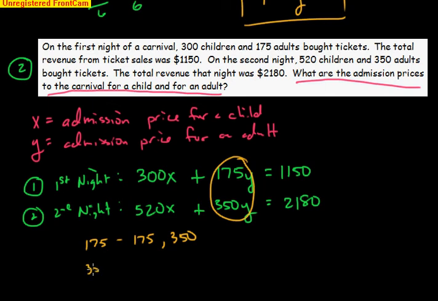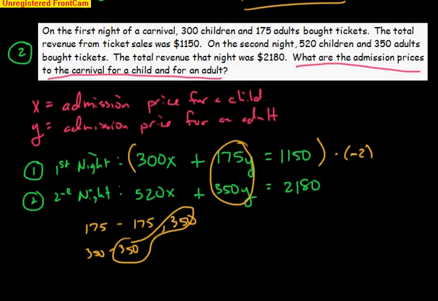There it is. 350 is the common multiple of 175 and 350. So in this situation, the bottom one's already a positive 350. You don't have to multiply by anything. But the top, we need to figure out, what do I multiply 175 by to make it 350? And I would like it to be opposite. That'd be a negative 2. 2 times 175 is 350. Make it negative by multiplying by a negative.